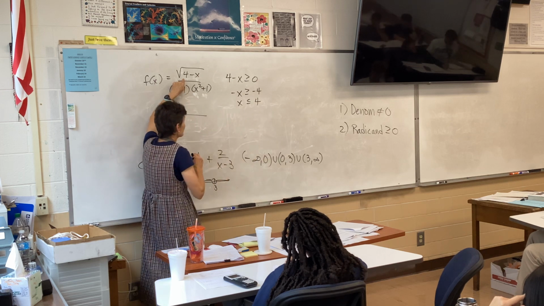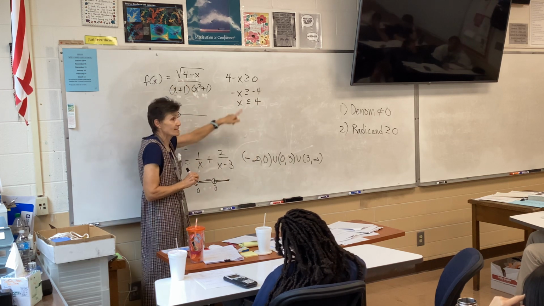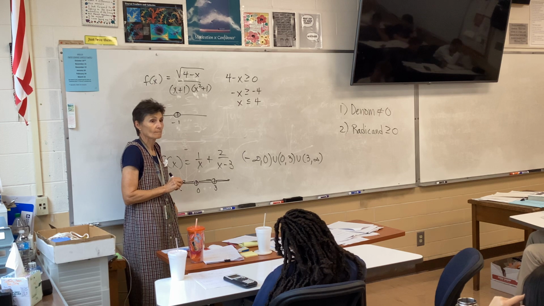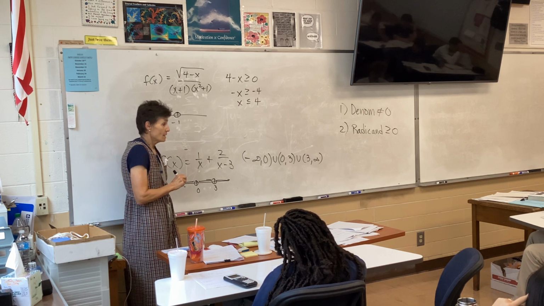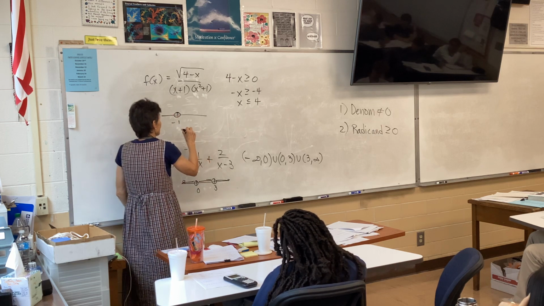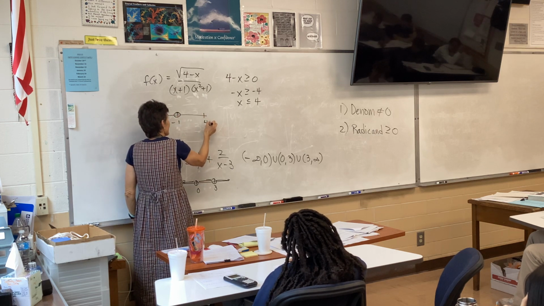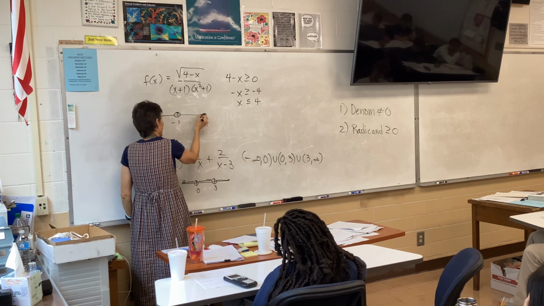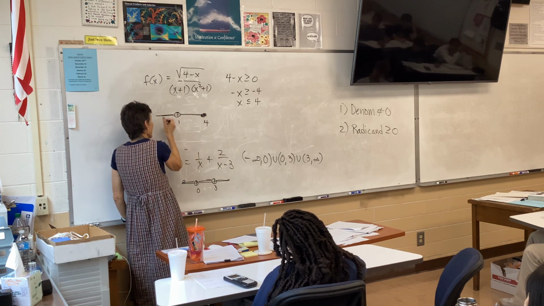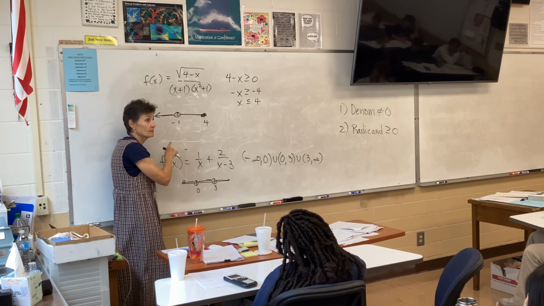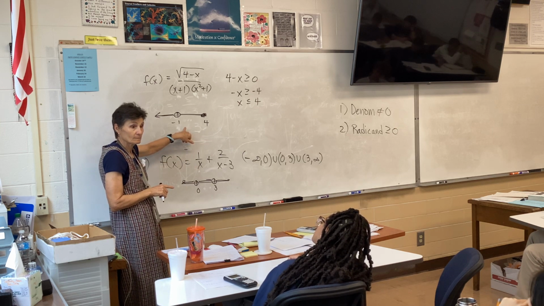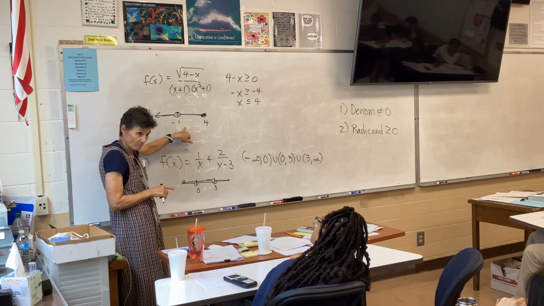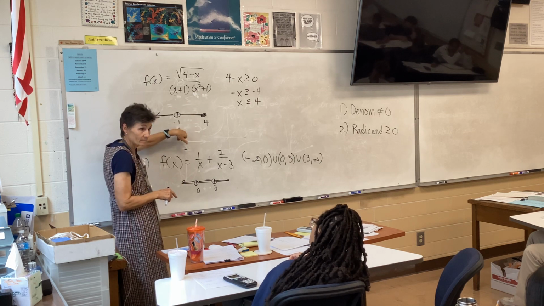So if my arithmetic is right, I'm saying X is less than or equal to 4. So my domain is all the numbers less than or equal to 4, except -1, because I already blocked that one out. We said X couldn't be -1.